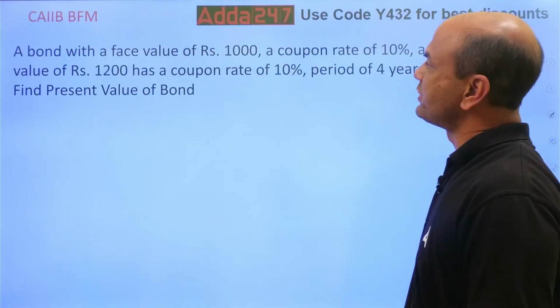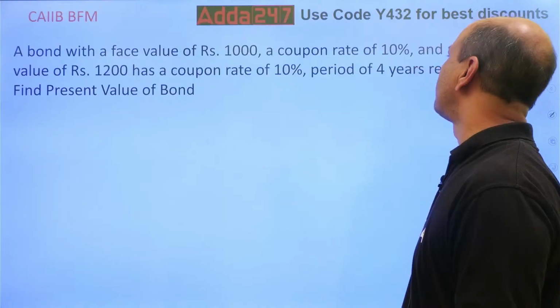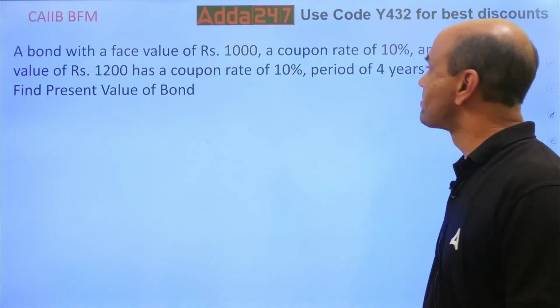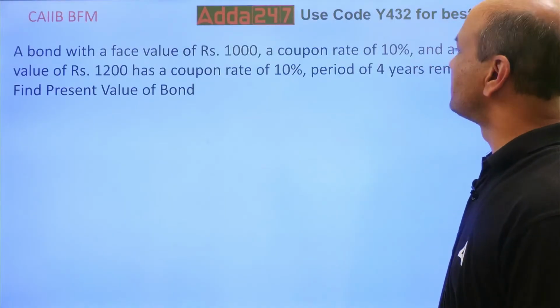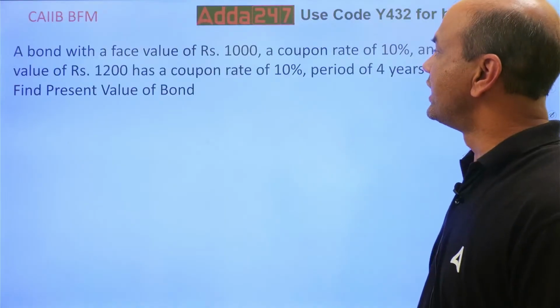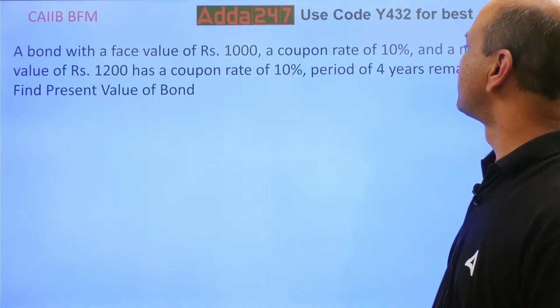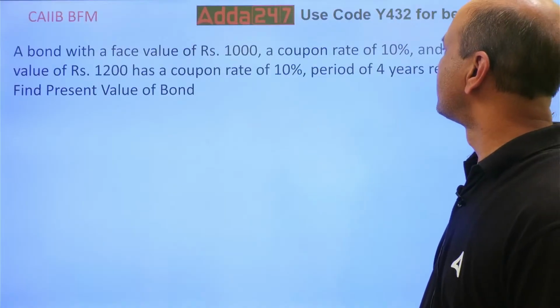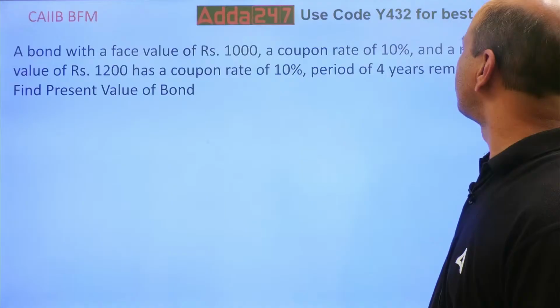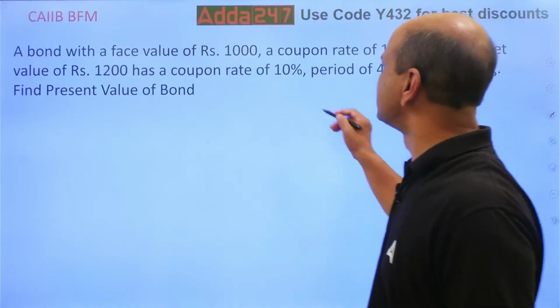A bond with a face value of 1000, a coupon rate of 10% and a market value of 1200 has a period of 4 years remaining. So we'll change this a bit.